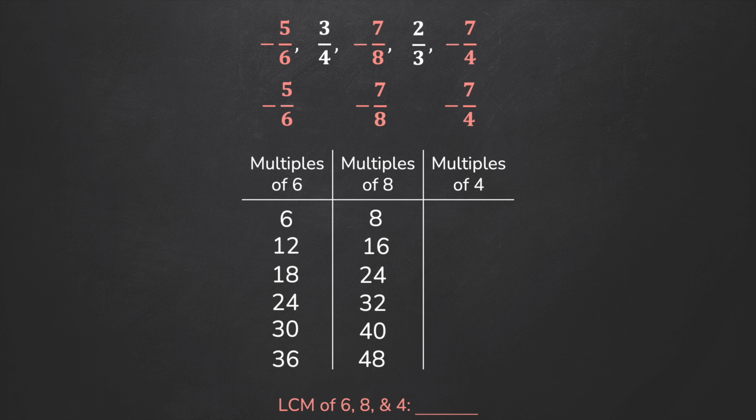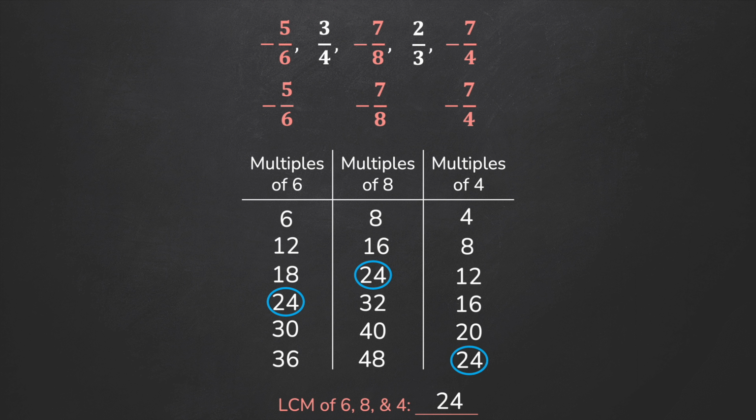And then for our next denominator of 4, some multiples of 4 are 4, 8, 12, 16, 20, and 24. Now, the smallest number that they have in common is 24. So that's our least common multiple.